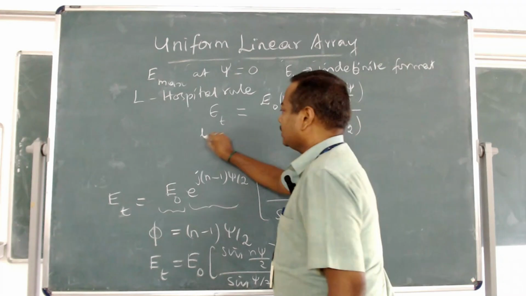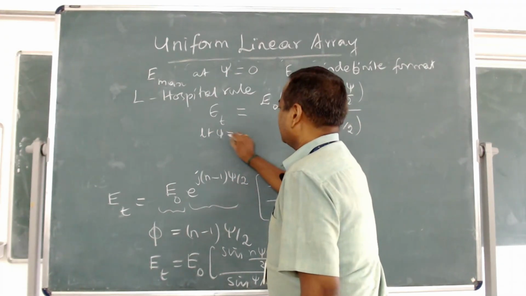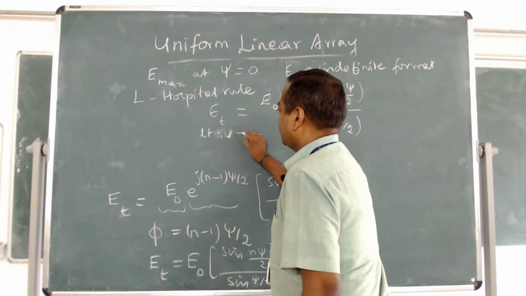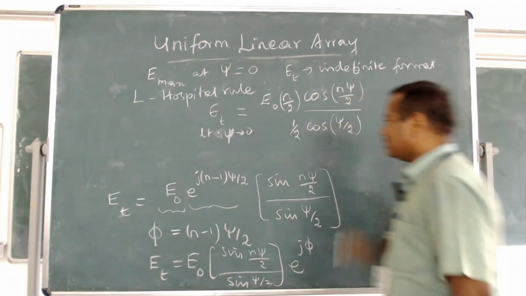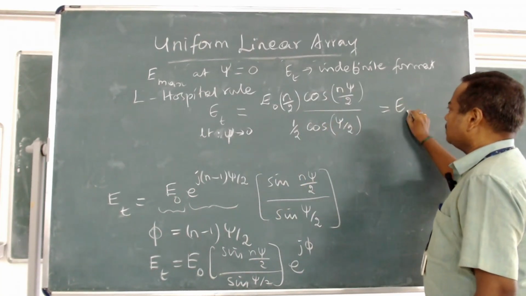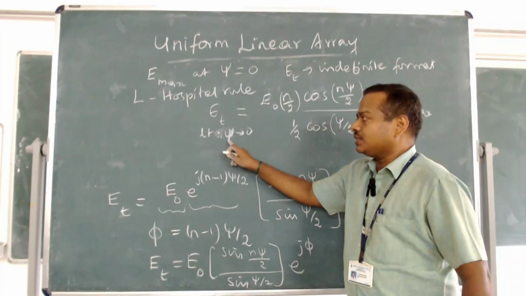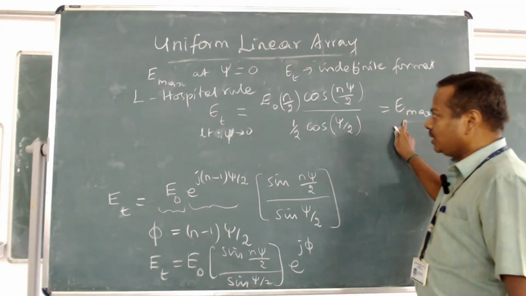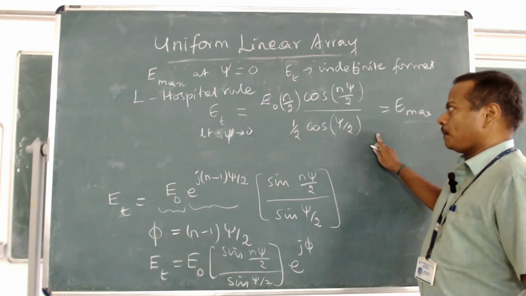Given that the limit psi tends to 0, this is going to be the maximum value. So this is going to be the maximum electric field, and this can be obtained by using the L'Hospital rule.